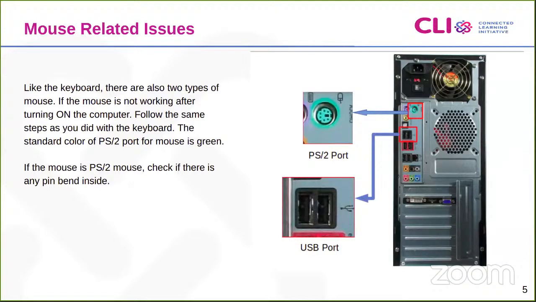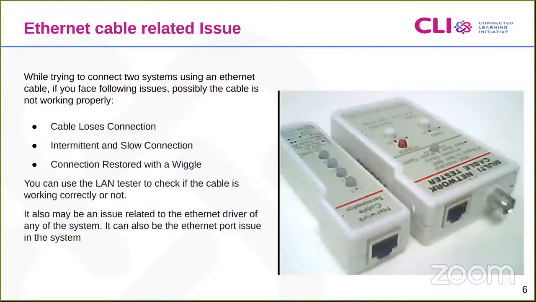Yes. Okay. So like I told you, there can be port issues. That brings us to the Ethernet cable related issues. If you remember, when I told you about the Ethernet cable, we also talked about the LAN tester.